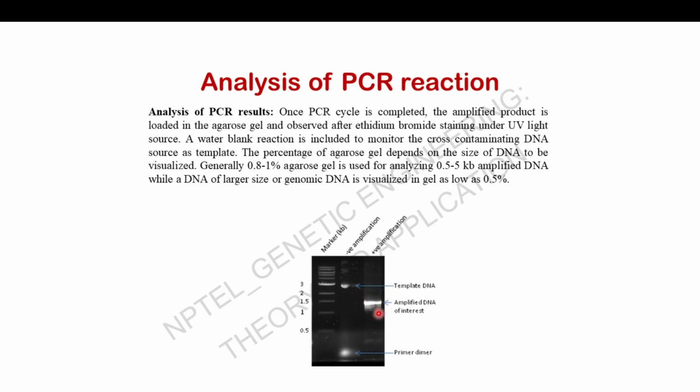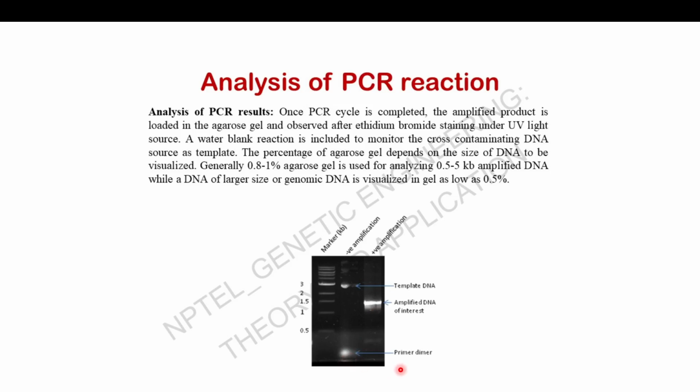This signal comes due to EtBr, right? Ethidium bromide intercalating between the double-stranded DNA sequences. This will be lesser because of the lesser amount of DNA produced, because we let the PCR reaction run for fewer cycles. And we see this is primer dimer.